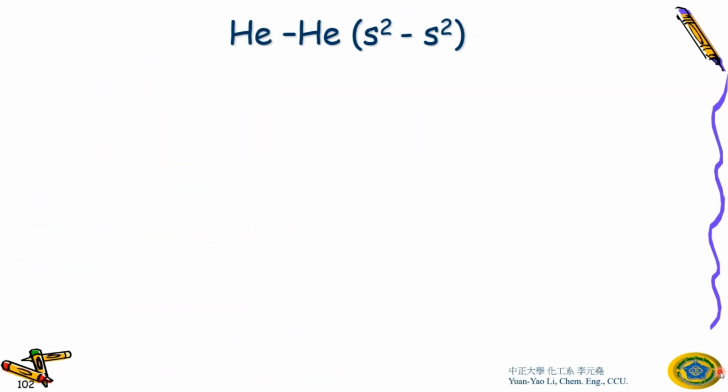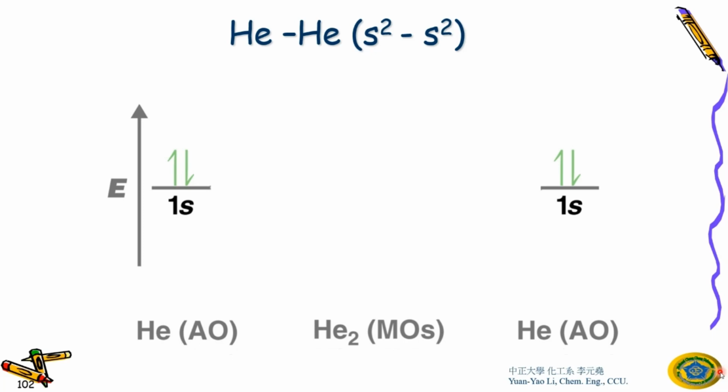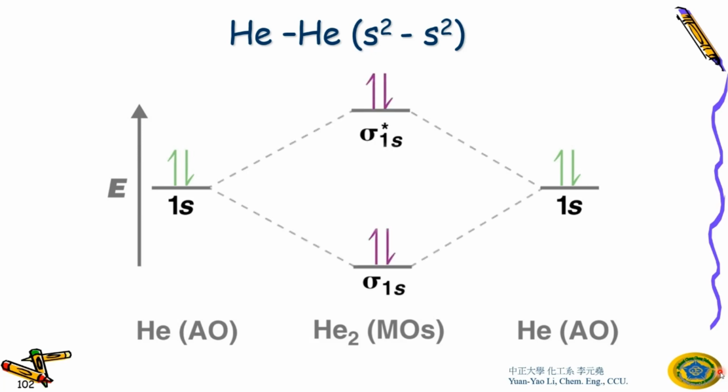So let's think of helium. S2S2, this is one of the examples. Here S2S2, that means what? You have 4 electrons filled in the bonding molecular orbital and anti-bonding molecular orbital. At this time, you might think, wow, how about the energy?